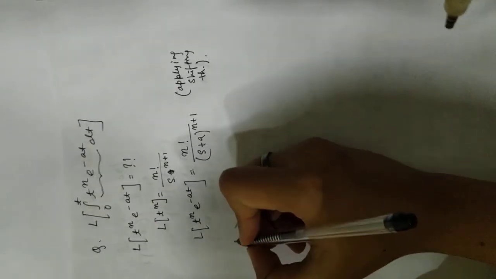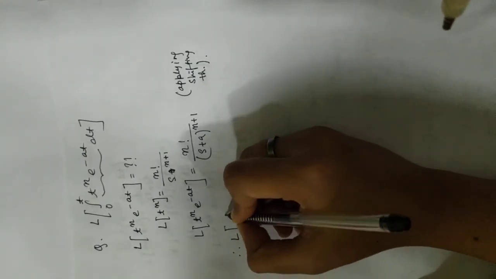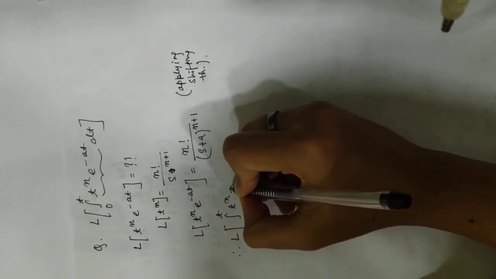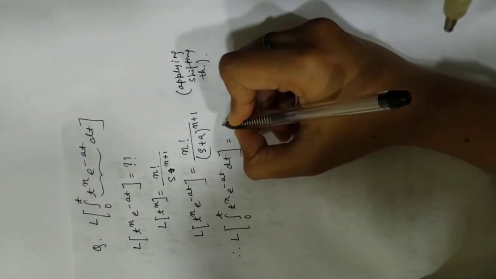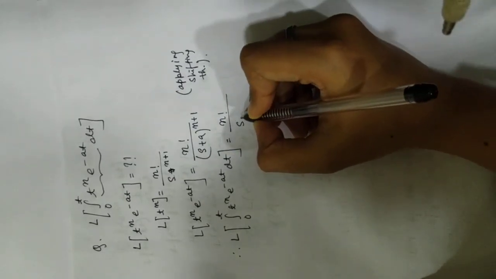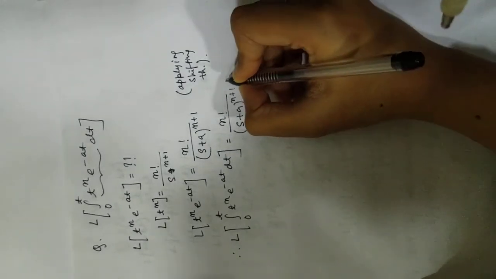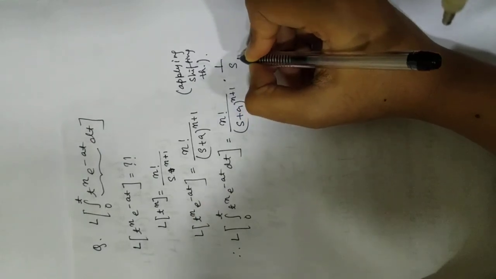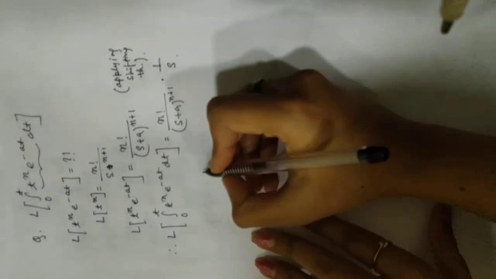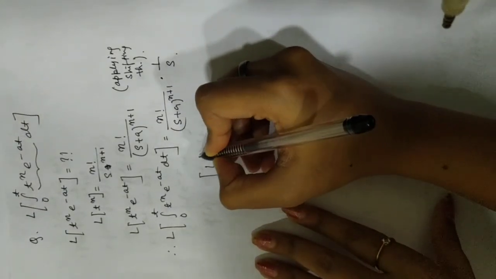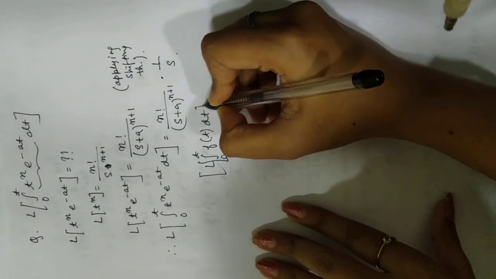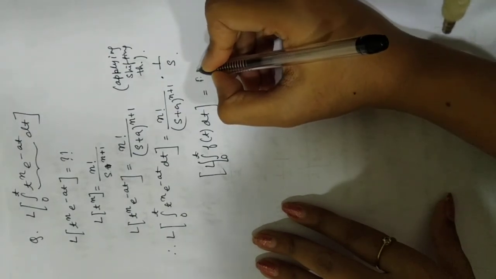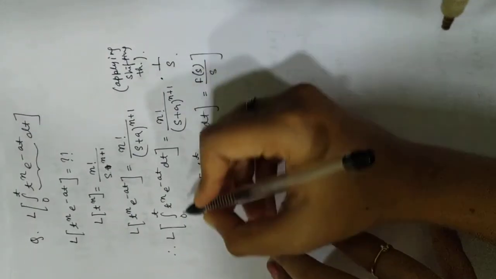So now therefore Laplace transform of the integral of t to the power n e to the power minus a t dt is equal to factorial n divided by s plus a to the power n plus 1, just multiplied by a factor 1 by s, right? Because that is what we have just proved, that Laplace transform of the integral of a function is equal to Laplace transform of the function divided by s.